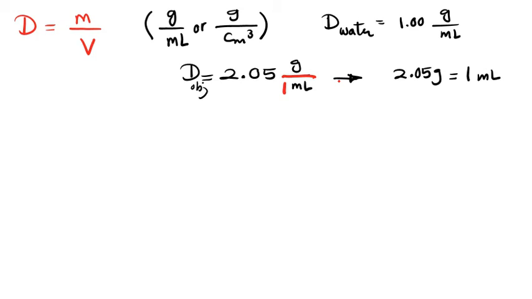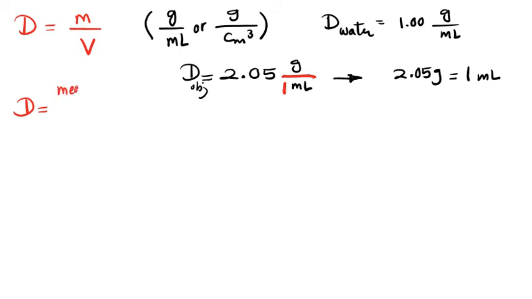Right now, I'm going to remind you how to measure the density of different objects in the chemistry labs. When we say density, we talk about the measurement of two parameters.